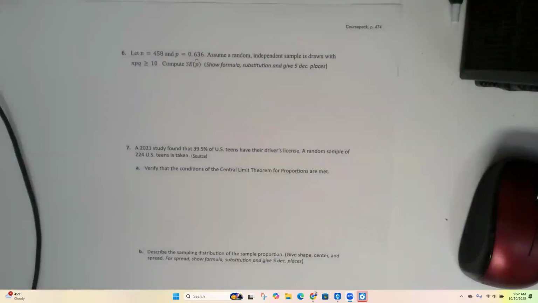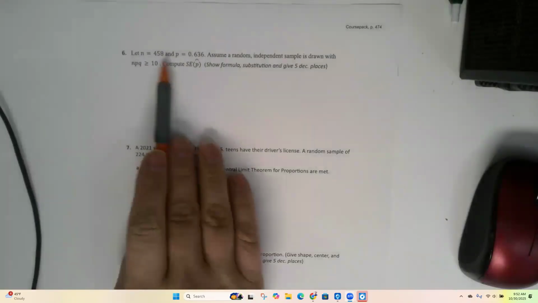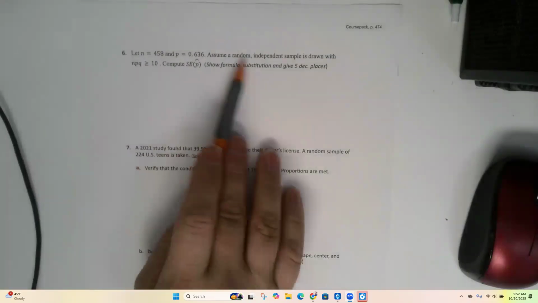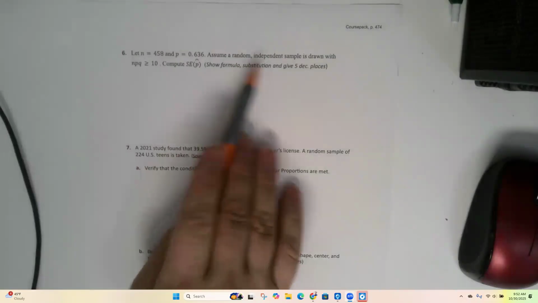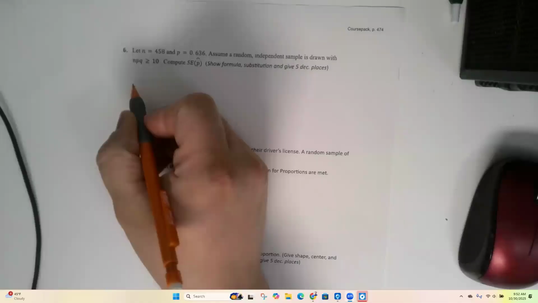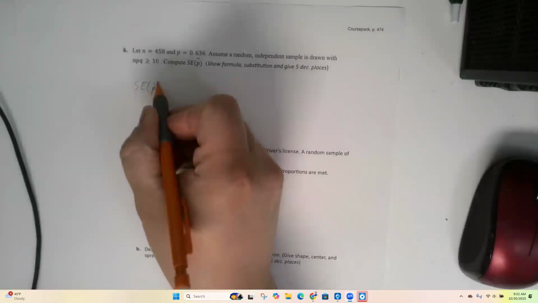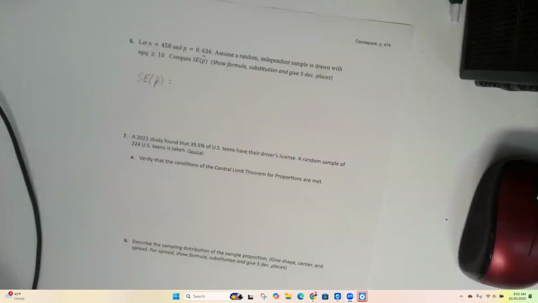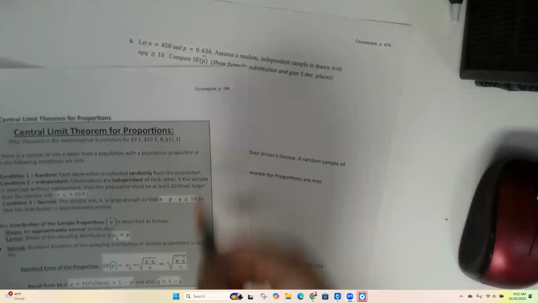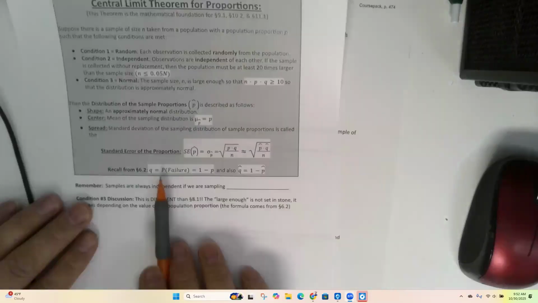Question 6. Let n equal this, p equals this. Assume it's a random independent sample. So compute the standard error of the proportion. That formula is on page 189, and it's right here.